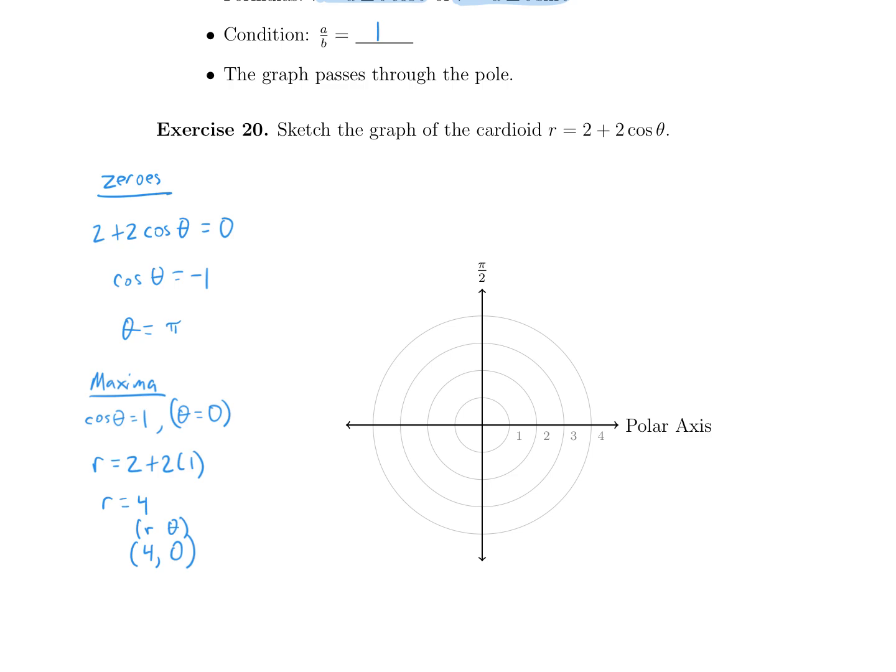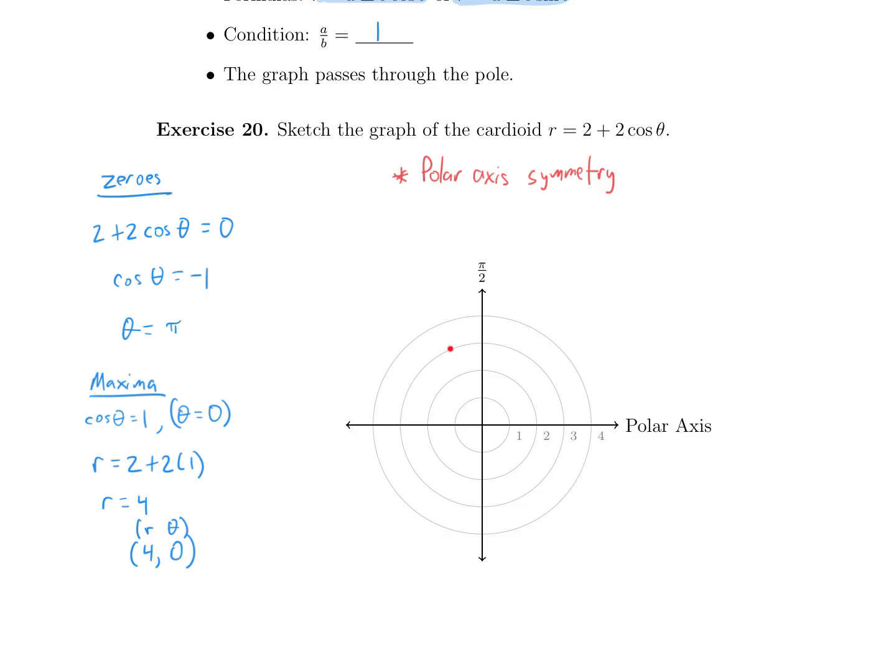And if you want to test for symmetry, you can. I'm just going to tell you that the symmetry for this graph is going to be polar axis symmetry. You can perform the polar axis test on it, and you will see that it does pass. Because it's symmetric over the x-axis, when you're choosing your points, you only really have to choose points from 0 to pi.